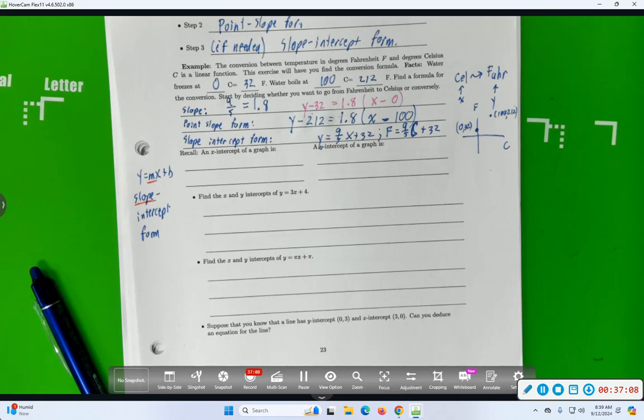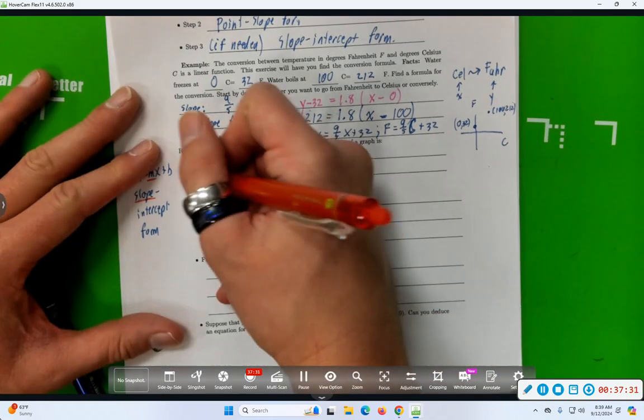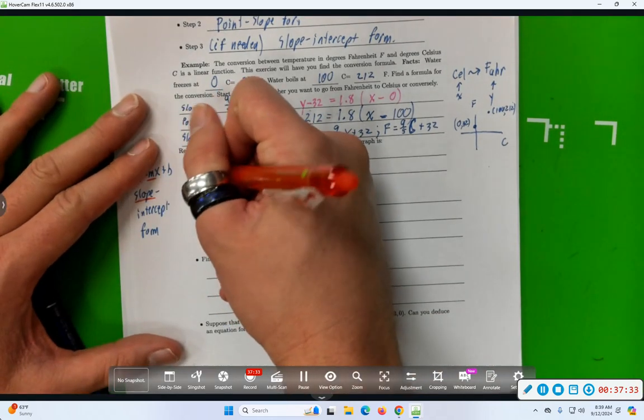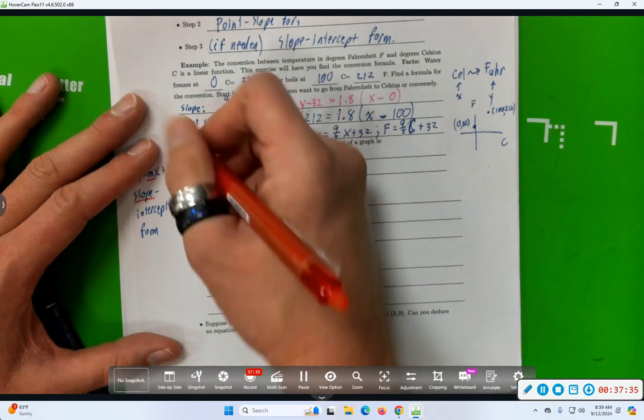To do that, let's remember how you get the x and y intercepts. How do you get the x-intercept of an equation? Set y equal to 0. If you're playing too fast and loose, you'll say, I want the x-intercept, I'll set x to 0, which will give you exactly the wrong thing. So the x-intercept, you get by setting y equal to 0 and solving for x.